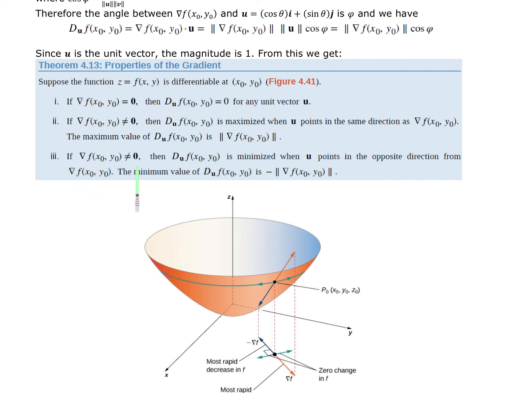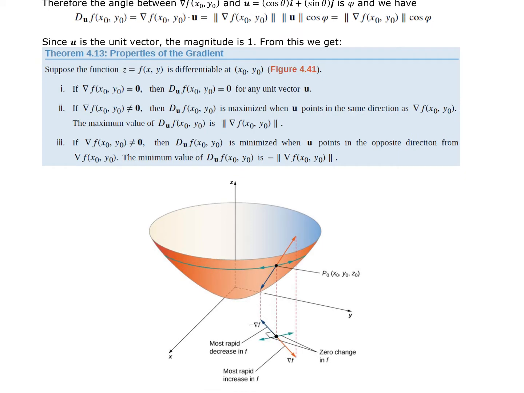Again, if my gradient is not equal to 0, my directional derivative will be minimized when u points in the opposite direction from my gradient. And the minimum value will be the negative of the magnitude of my gradient.